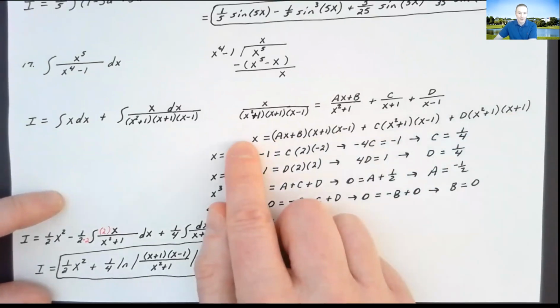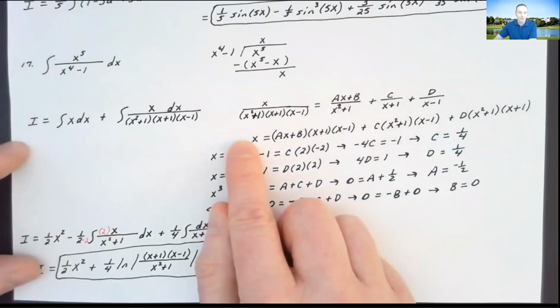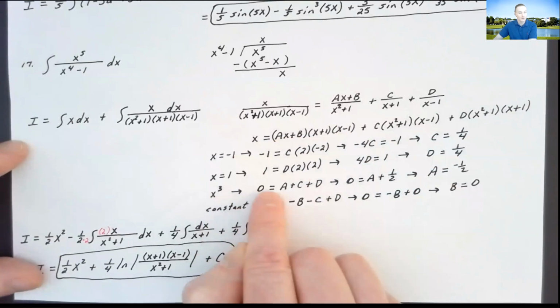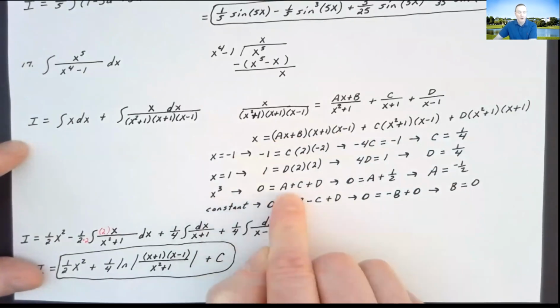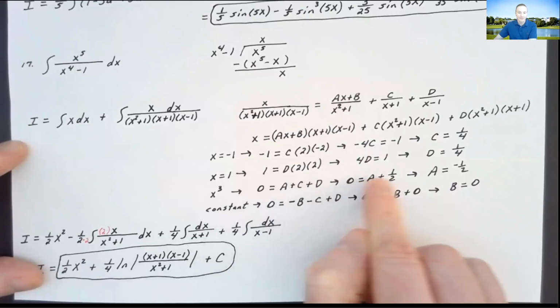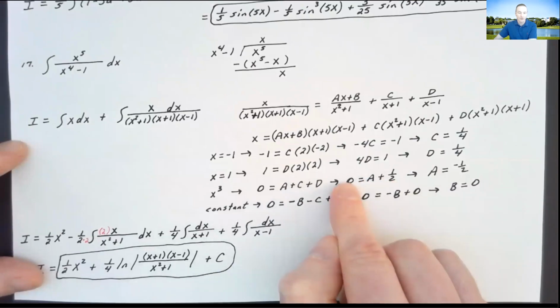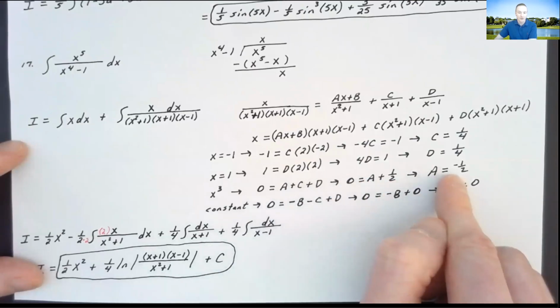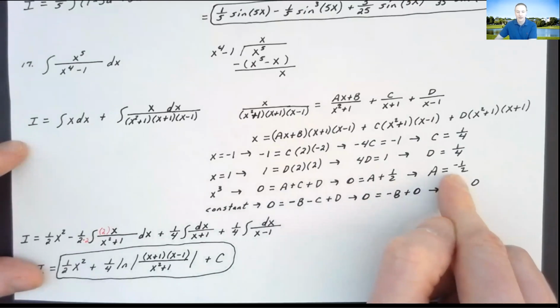Well, on the left-hand side, you don't have an x cubed term, which means the coefficient of x cubed is supposed to be 0. On the right-hand side, it would consist of a plus c plus d. Since I already know c and d are both 1/4, I get a plus 1/2 is equal to 0, which then leads me to know that a is the negative of 1/2.